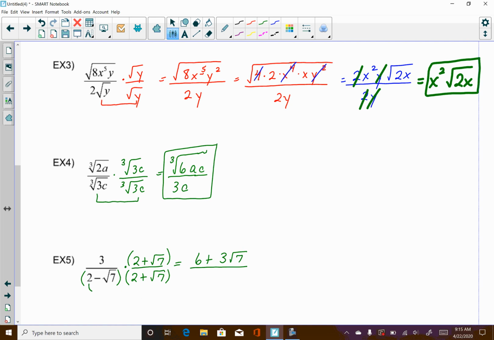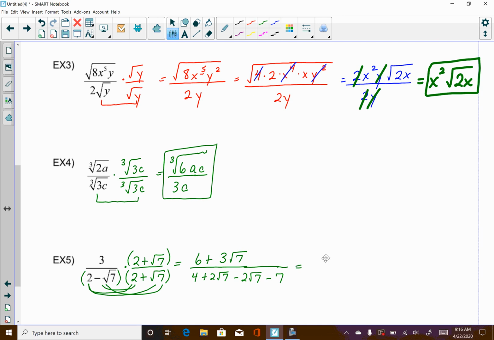So your first, 2 times 2 gives you 4. Outside, 2 times square root of 7, so plus 2 square root of 7. Inside, 2 times negative square root of 7, so minus 2 square root of 7. And then your last, square root of 7 times the square root of 7 is just 7, and it was a negative times a positive, so I put the negative there.